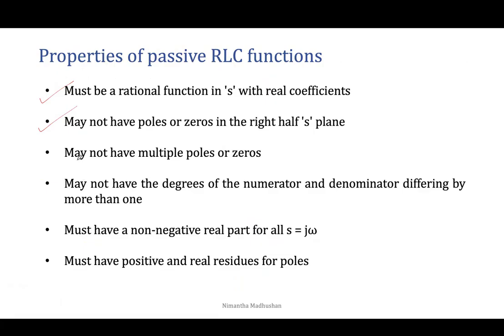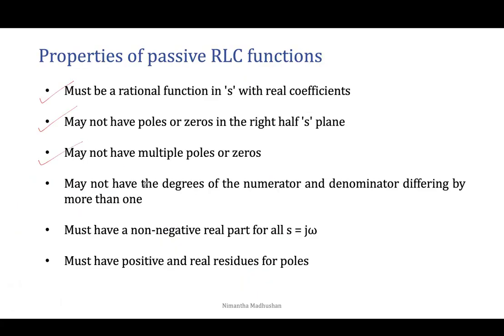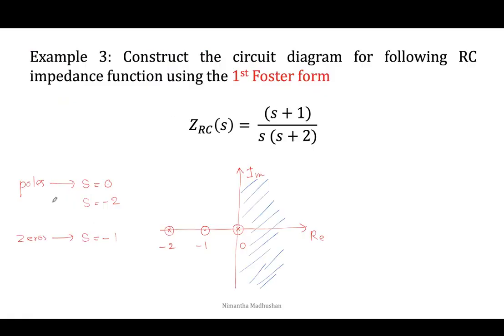And the third one is that it may not have multiple poles or zeros. You can see there are no multiple poles or zeros. That means poles in the same place or zeros in the same place. Then the third one is satisfied. The fourth one is that it may not have the degree of the numerator and denominator differing by more than 1.